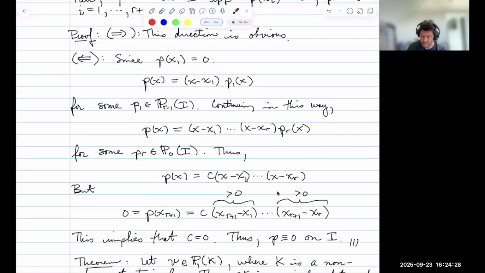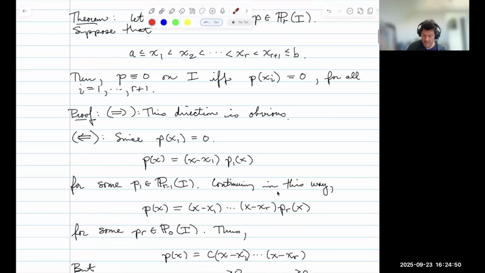And of course, now each one of the factors in our decomposition up here is positive, right? x_{r+1} is always greater than x1. It's always greater than x2. It's always greater than x3, all the way up to xr, because of this assumption here.